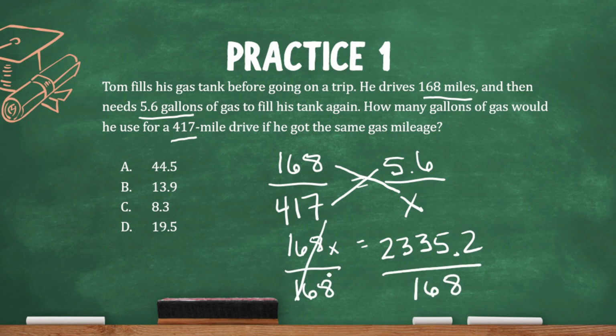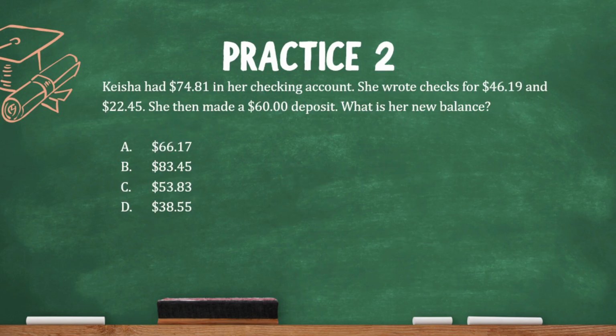So that cancels out, and X, the number we're looking for, is 2,335.2 divided by 168. So let's go ahead and do that calculation. And our answer is 13.9 gallons.